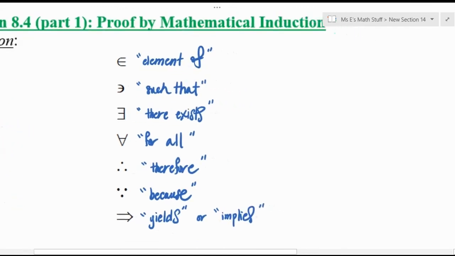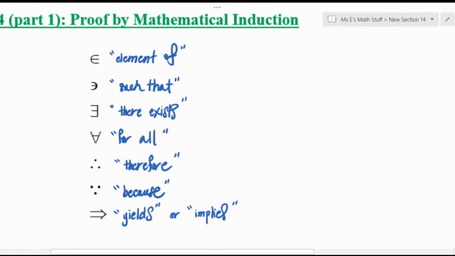Okay, so let's talk about this one just a little bit, because I've seen this one get used and abused in the past. So let's talk about an appropriate use for it, and then we'll talk about an inappropriate use for it. So let's see, what's an appropriate use for this symbol? Let's say you're doing a geometry problem.